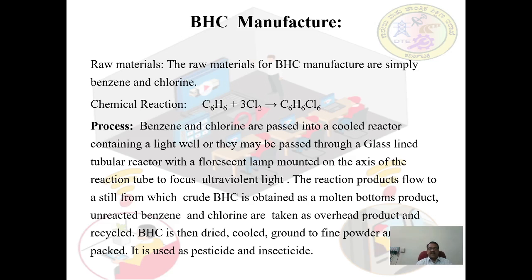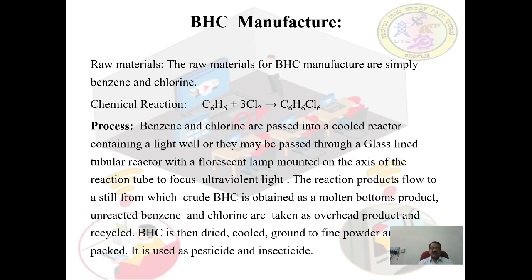This reaction takes place in glass lined tubular reactor in presence of ultraviolet light. The reaction products flow to a still from which the crude benzene hexachloride is obtained as a molten salt at the bottom of the still. The unreacted benzene and chlorine are taken as overhead products and recycled.